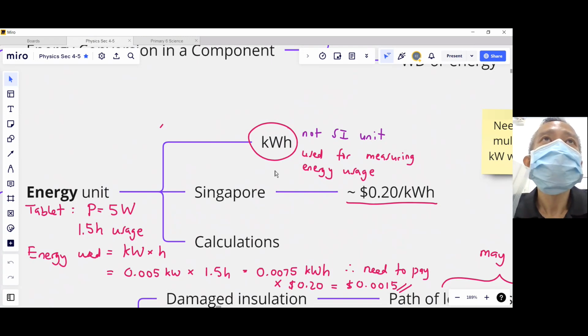Now, mind you, this is obviously not an SI unit. So this typically cannot be used in any other formula except to calculate the cost of electricity, how much you are paying. Otherwise, you don't use it in other formulas.